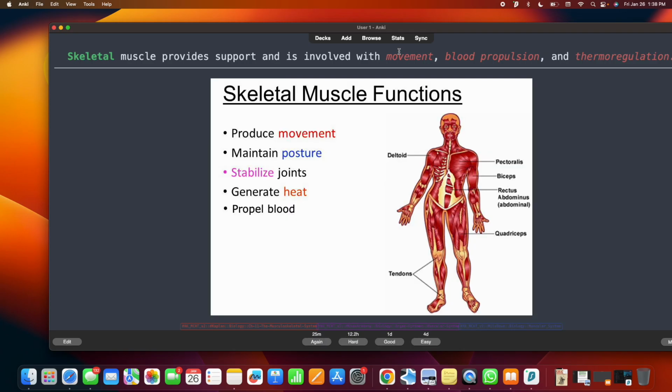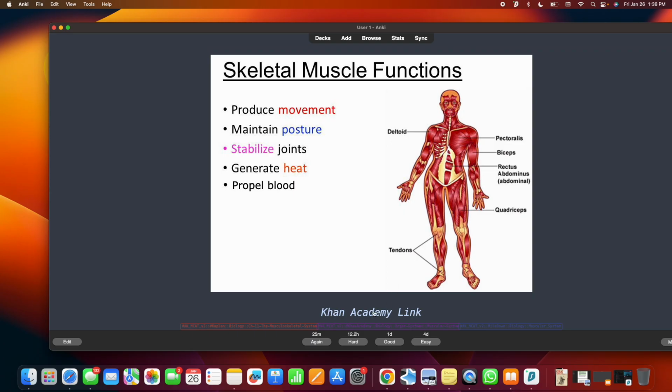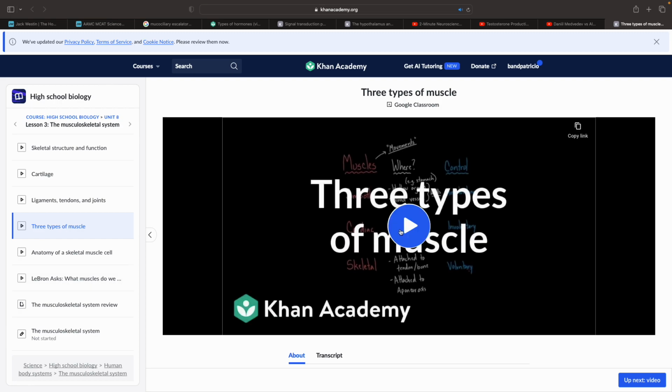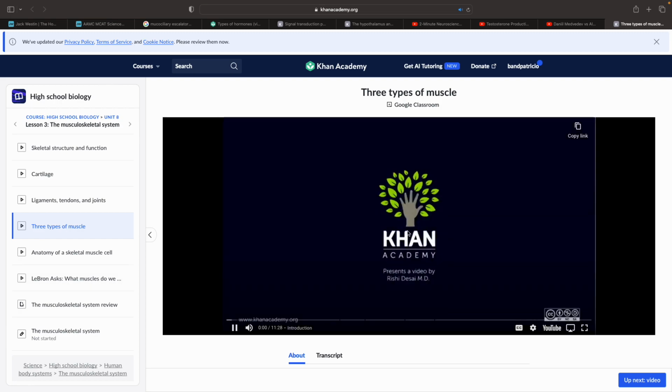I think smooth muscle. Well, produce movement, yes. Maintain posture, yes. Stabilize joints, yes. Generate heat, sure. And propel blood. How does it propel blood? Because it's voluntary, it's not involuntary.